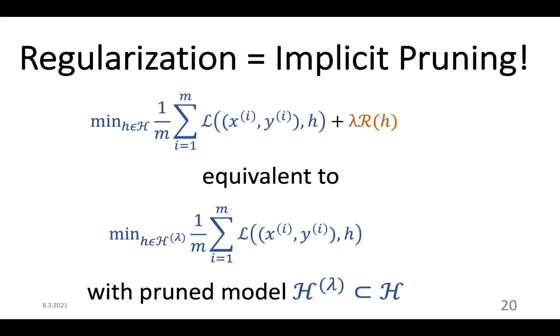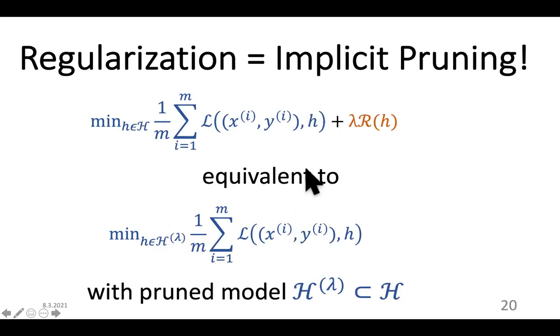This is related to optimization theory, and you don't need to understand the details; that is a topic of master level optimization courses. But adding this regularization term, when you then minimize this objective function, is equivalent to minimizing only the training error, but on a smaller hypothesis space.